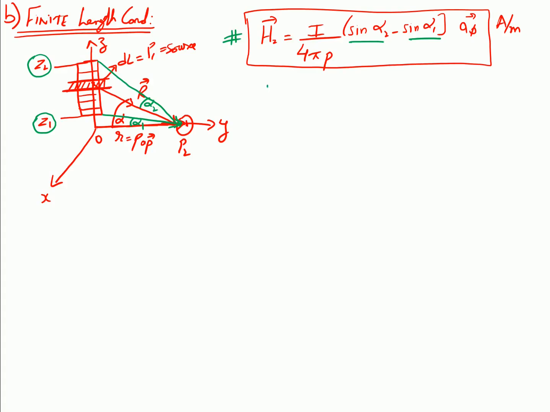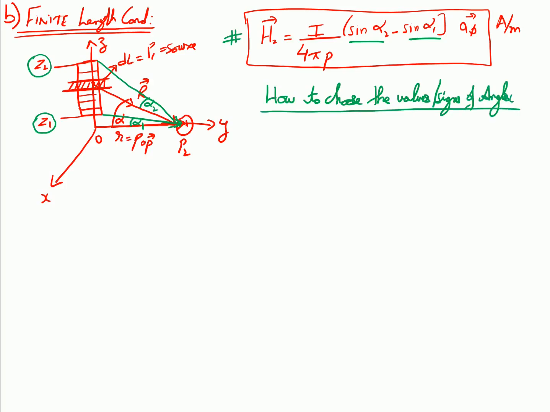Now how to choose the values, or let us say the signs of the angles. This is a trick that you can use. What could be the value of alpha, whether it will be positive or negative? For this we look at three scenarios.